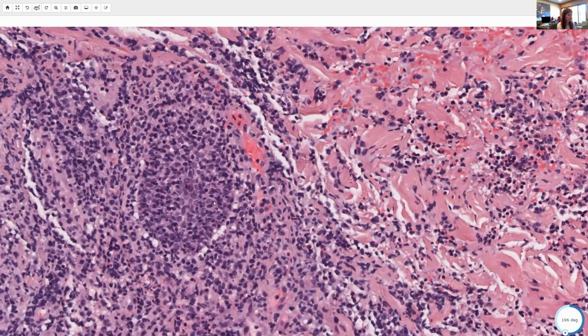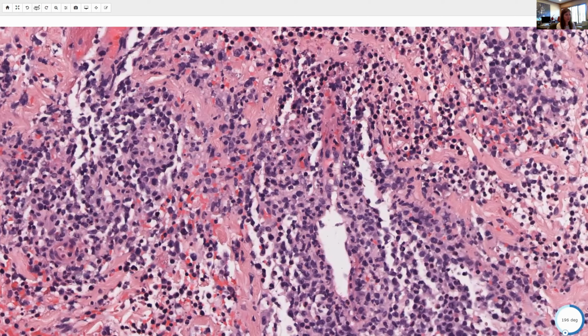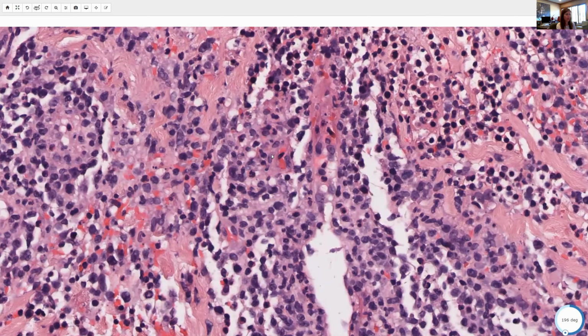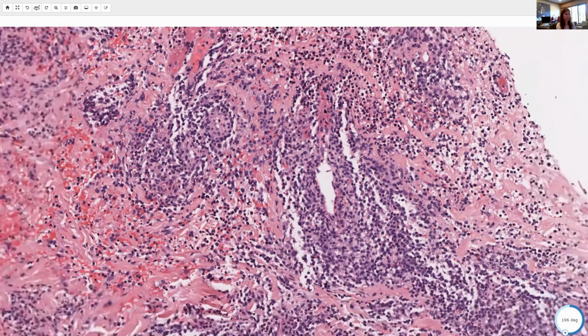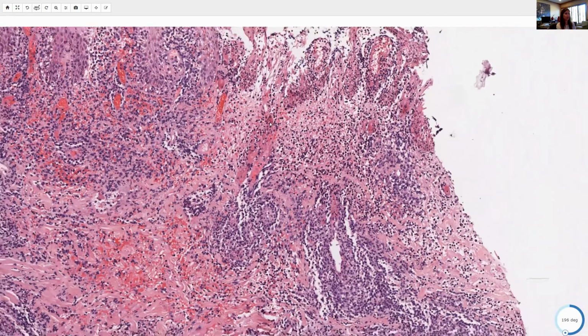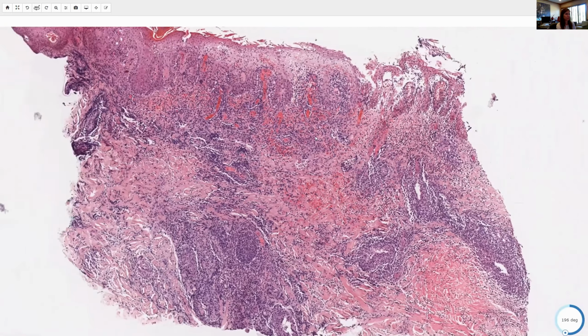So all of these atypical lymphocytes are really homing to the perivascular space and resulting in vascular destruction and vascular thrombosis. So here you can see an area where those atypical hyperchromatic lymphocytes have really destroyed the vessel wall and led to vascular thrombosis here, with the resultant overlying epidermal necrosis.